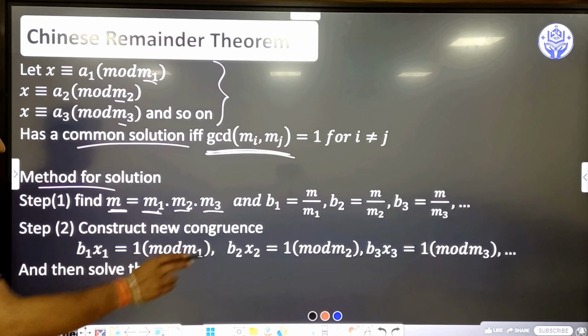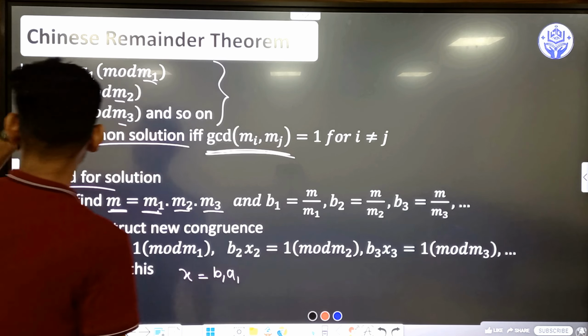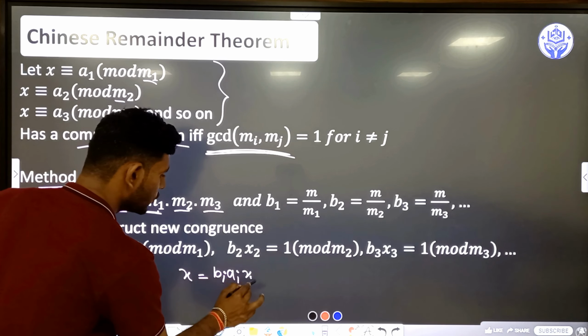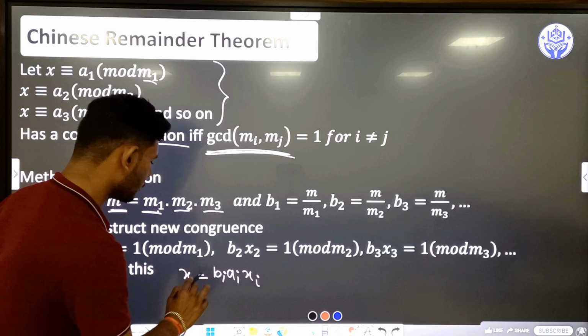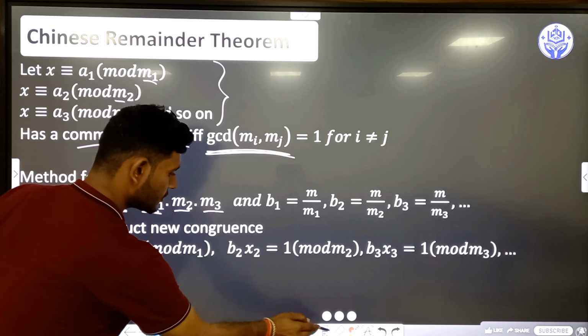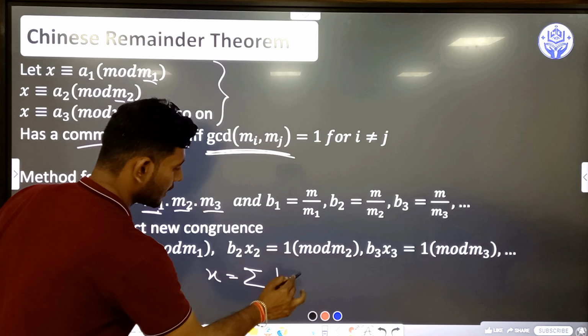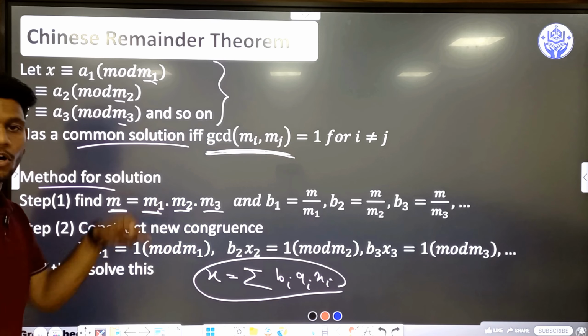The individual solutions are xi, and then you take the summation of bi ai into xi. So your x will be the summation of bi, ai and xi. This is your solution for this common problem.